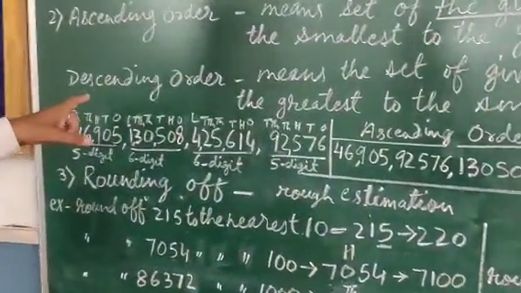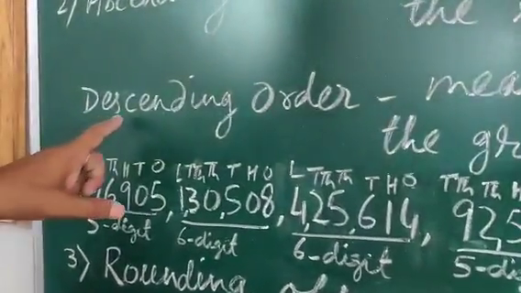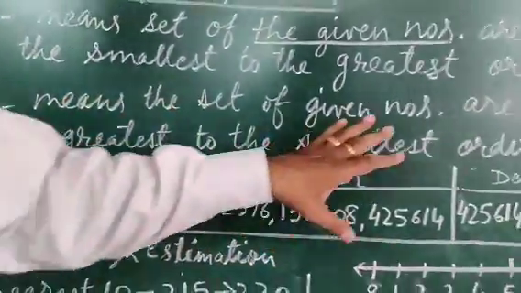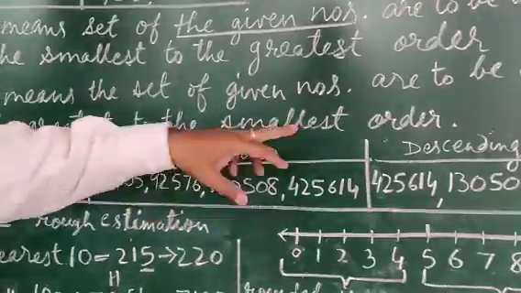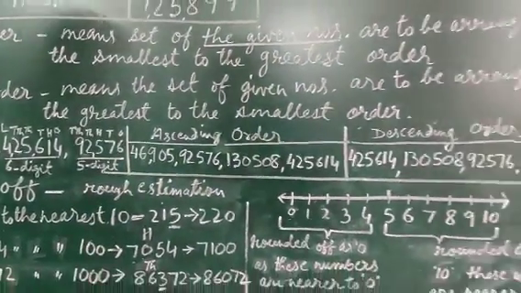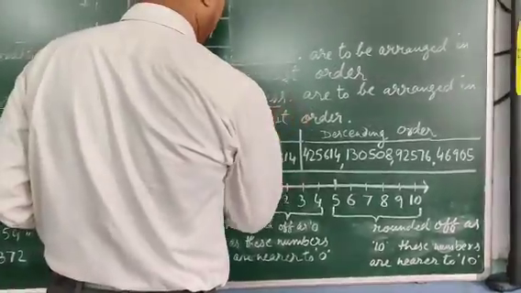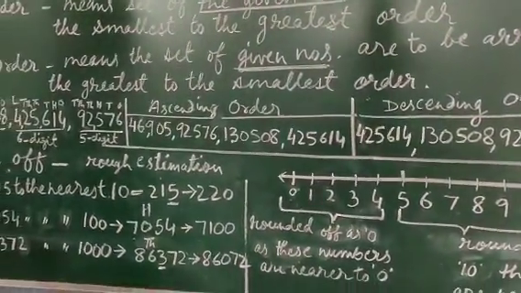And to arrange, let us try to understand what is descending order. Descending order means the set of given numbers are to be arranged in the greatest to the smallest order. Here also, given number may contain 6 or 7 or 8 or 9 digits.